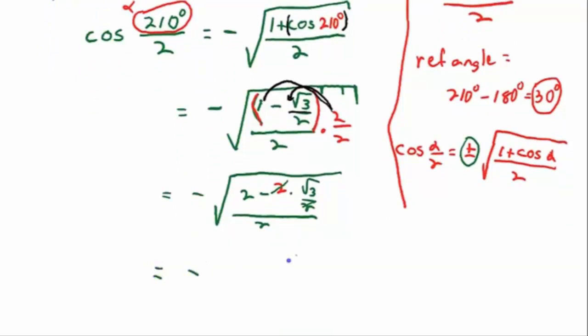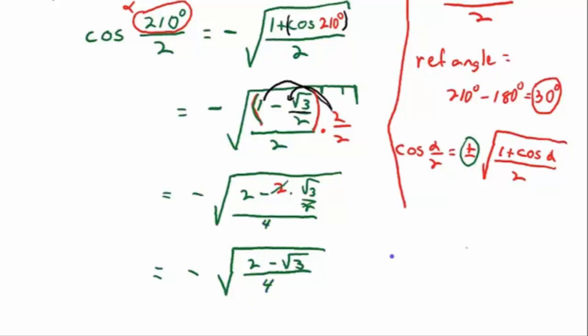So we get the opposite of the square root of 2 minus root 3 all over 2. Oh, except I forgot one thing. You have to multiply this 2 by this 2 as well. So let's fix that. And we do get 4 there.